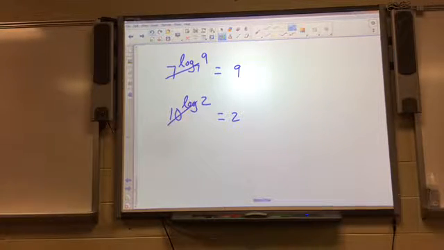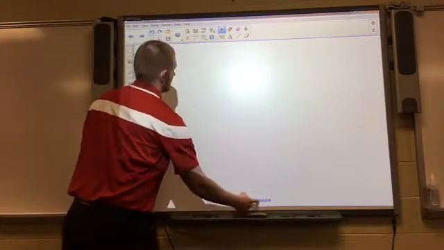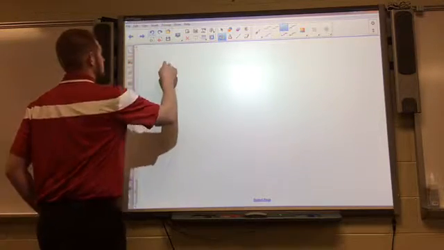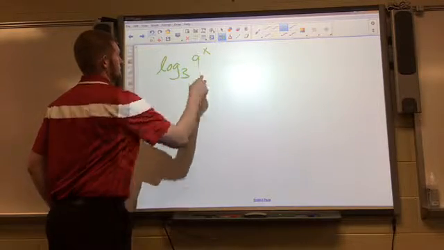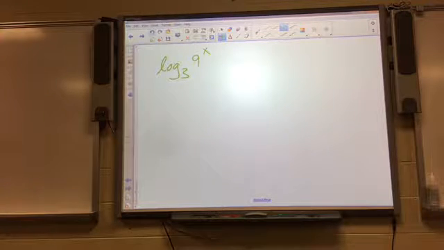Okay, if you have, actually this one's a little bit trickier. I'll do a couple of these with you. Alright, I have log base 3 of 9 to the x power. Are my bases the same? No. Okay. You can still solve this easily though.